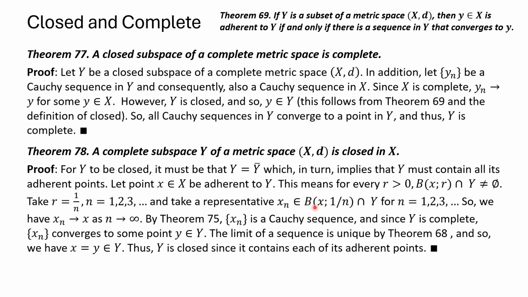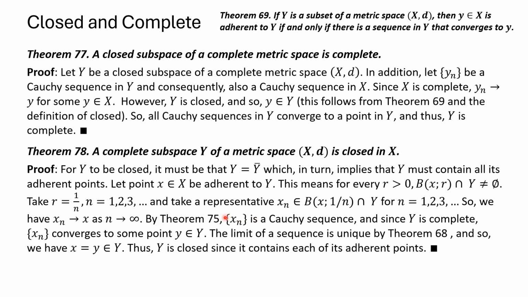So for each one, since we know they're non-empty, we know there's some representative x sub n in each one of these open balls intersected with Y. Further, we know that the x sub n's are also in Y. So we have the x sub n's converge to some x, the x we picked here, surrounding x here. So the x sub n's converge to x as n approaches infinity.